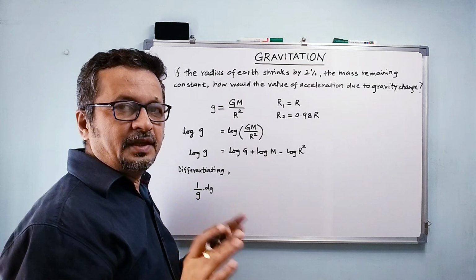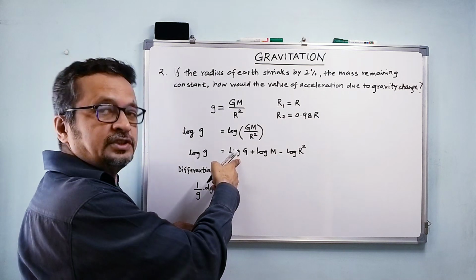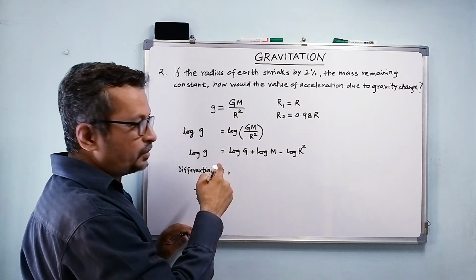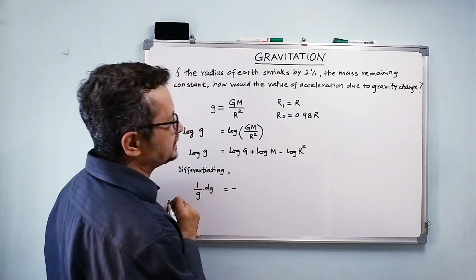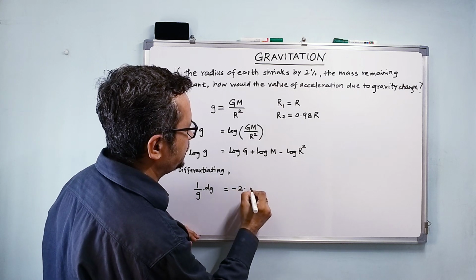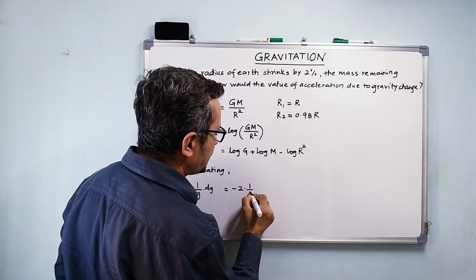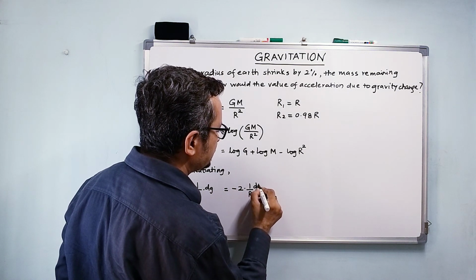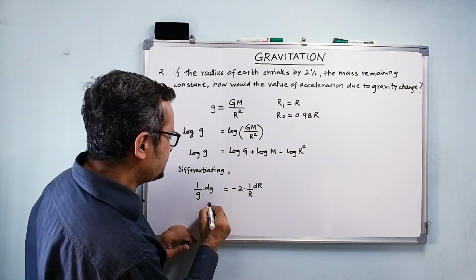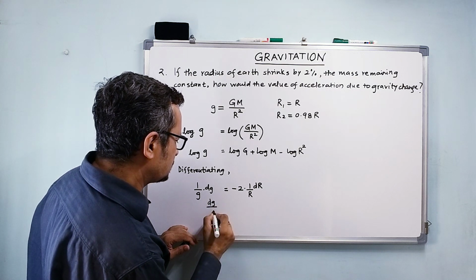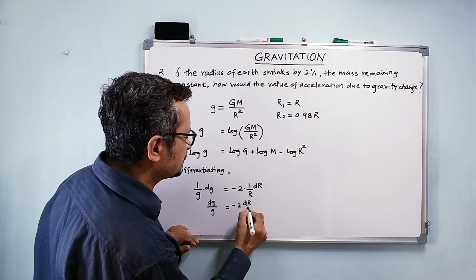Now dg is the increment or change in g, and this is a constant, so the derivative of a constant is 0, the derivative of this constant is also 0, and the derivative of this would be minus 2 into the derivative of log of r, so that would be 1 upon r dr, right? So my dg upon g is equal to minus 2 dr upon r, correct.